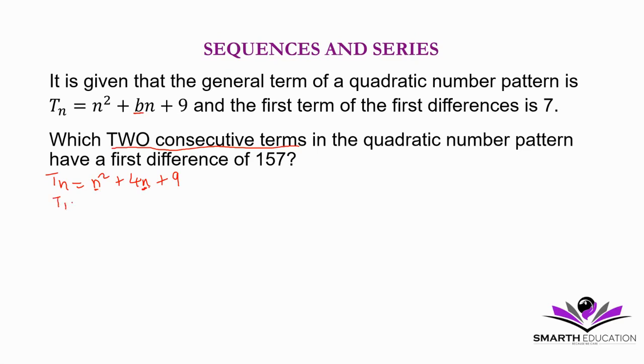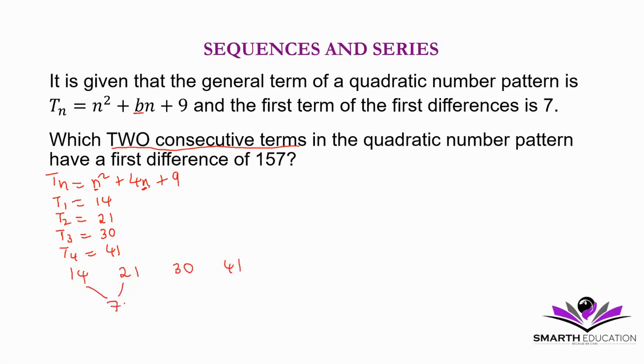So you find that T1 is equal to 14, T2 is equal to 21, T3 is equal to 30, then T4 is equal to 41. We did this in detail in the previous question.